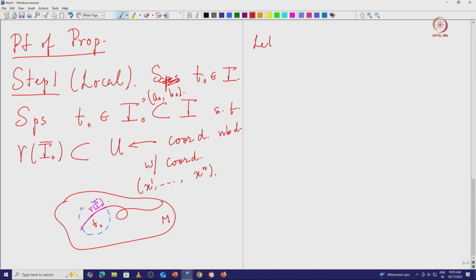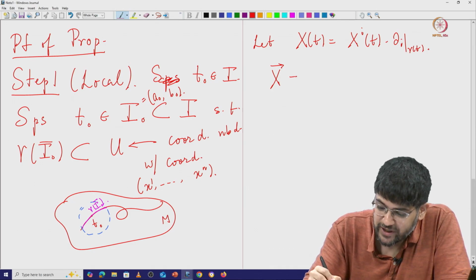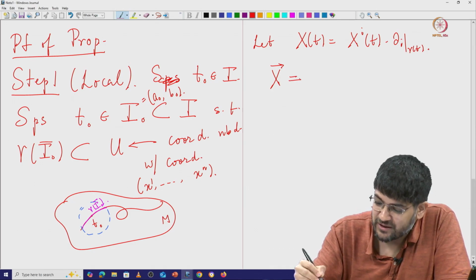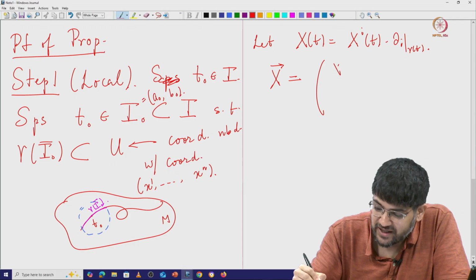Alright, so let your vector field X of t in this local chart be given by x^i of t times del i at gamma of t. Because I want to use this existence theorem on linear ODEs, I'll use the notation that the vector x is the column vector given by these components.